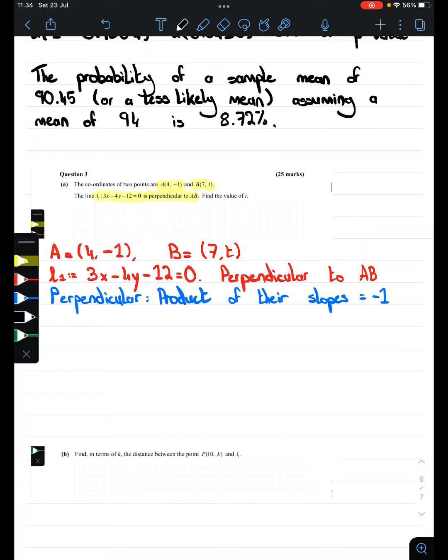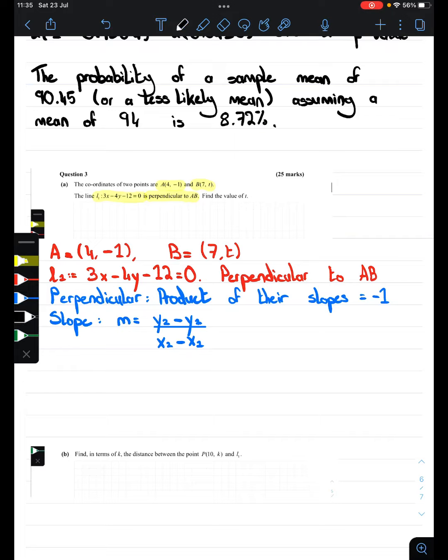Well, we have a formula for the slope. If we have two points, then the slope of the line between them is m equals y2 minus y1 over x2 minus x1, the rise over the run.